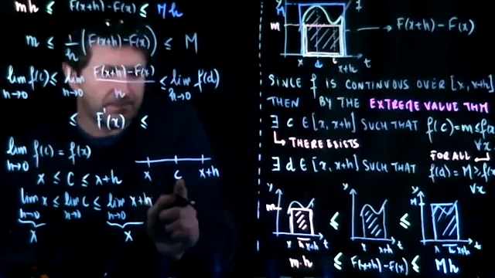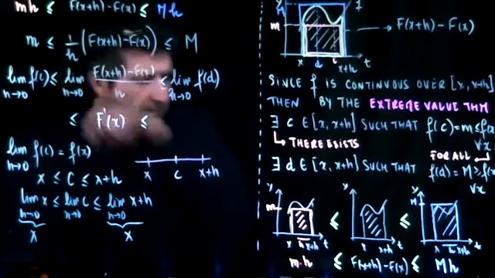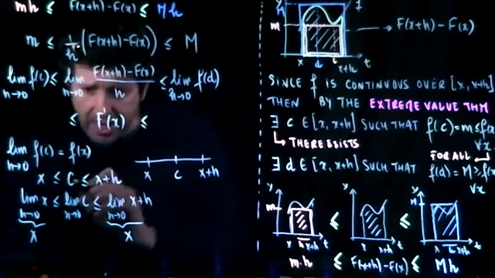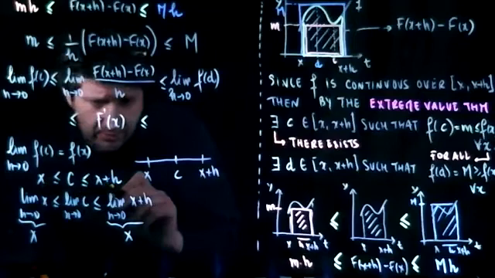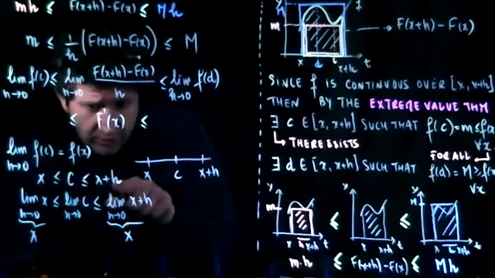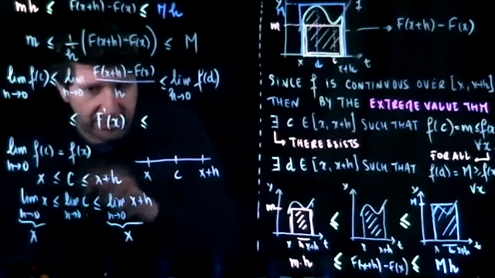And so c has to get very, very close to x. This is what I'm saying here. c is between x and x plus h. So if h is very, very close to 0, then c is between x and x. So c has to be x.